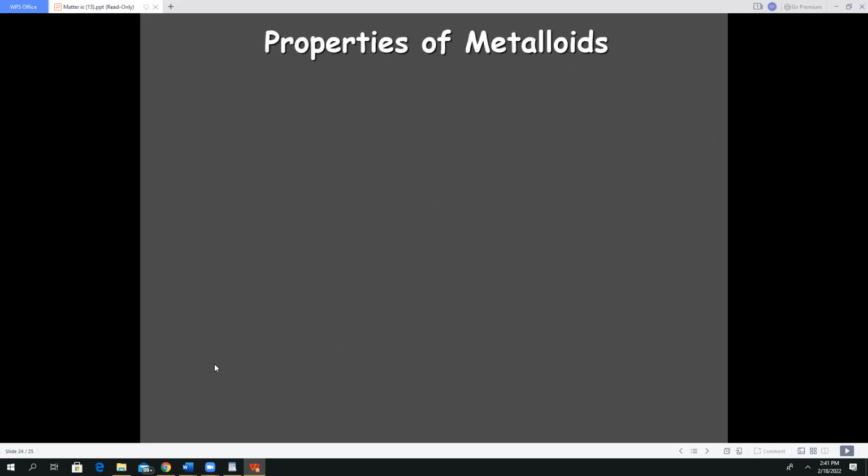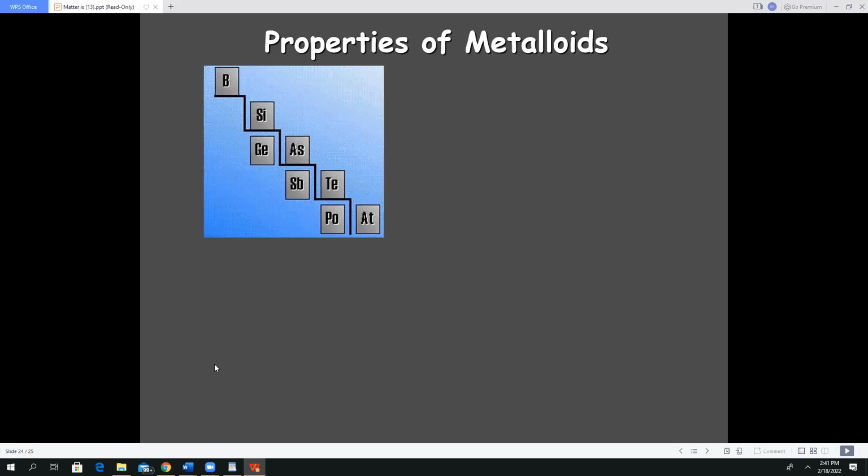Okay. All right, metalloids. These are our metalloids. You might want to mark them in your periodic table. I've always known polonium and astatine as being metalloids, but in some books, they don't mark either polonium or astatine. I don't know why.